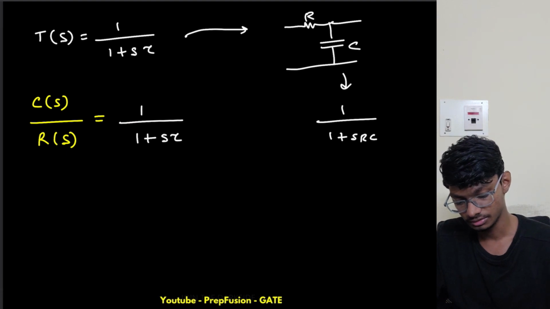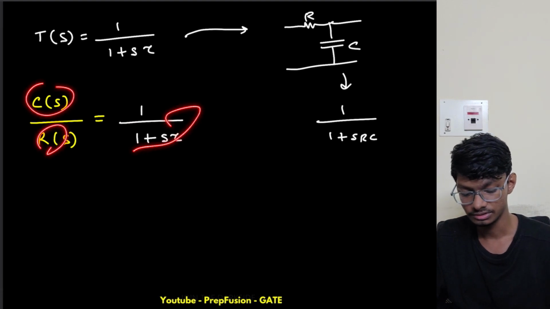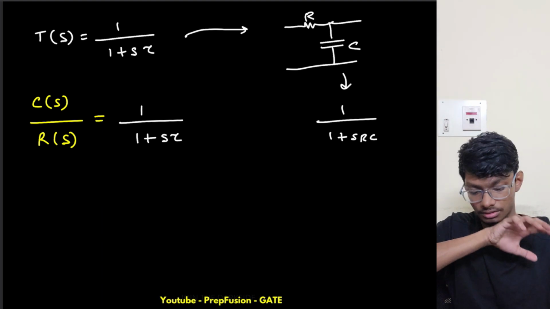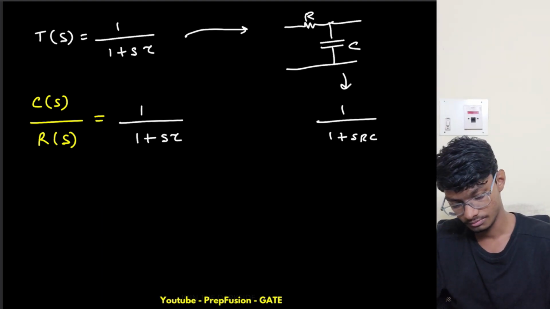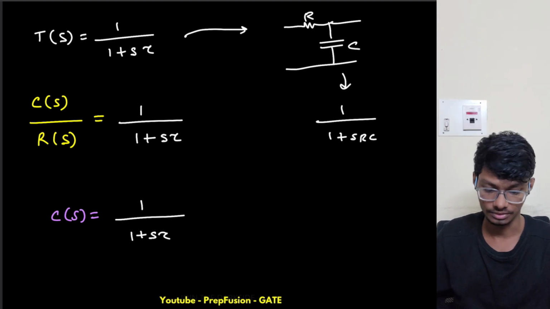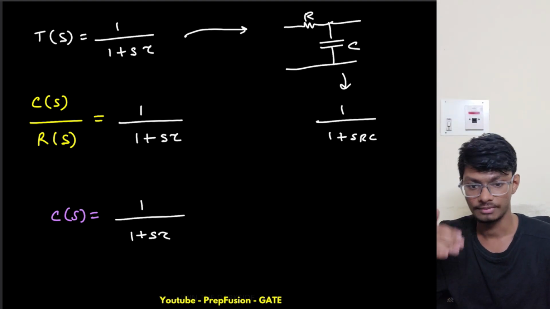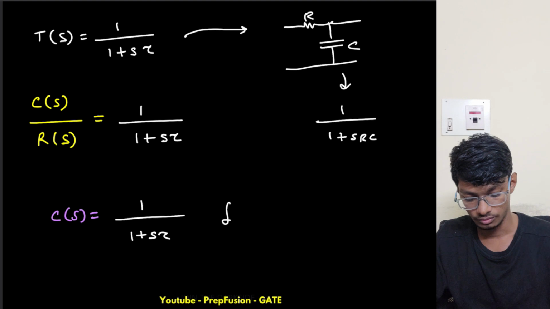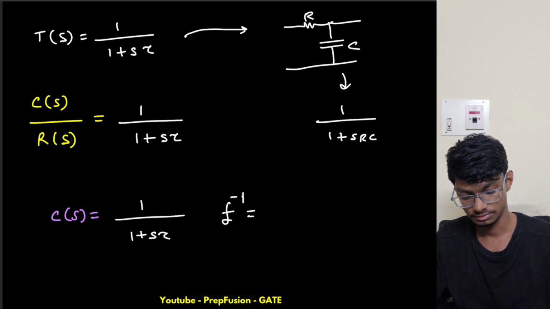If this is 1, I simply multiply 1 with this, and then I find the Laplace transform of the output. So my C of S equals 1 by 1 plus S tau. Now I have to do the Laplace inverse of this.